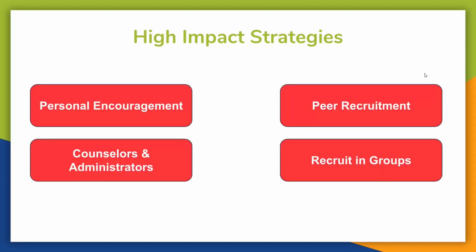Here are those high impact strategies I was mentioning: personal encouragement, counselors and administrators, peer recruitment, and recruiting in groups. First, personal encouragement. The number one thing that I think you can do is to tell a student that you think they should take the course. We think about who fits the stereotype of a computer scientist: a white or Asian male.